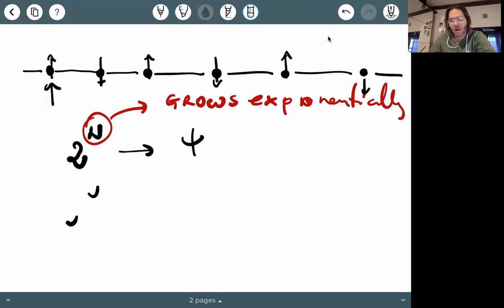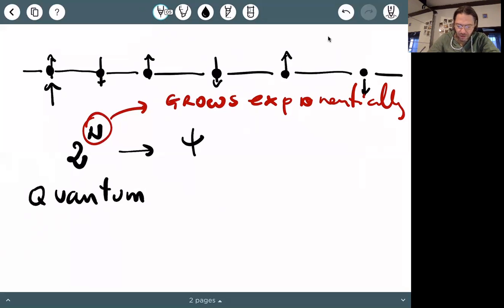So there's a huge gap in difficulty in going from a single-particle problem to a many-body problem, because the amount of numbers you have to specify in order to define even just one quantum state, not to mention to solve for all quantum states, grows exponentially with the number of particles. This is the quantum curse.